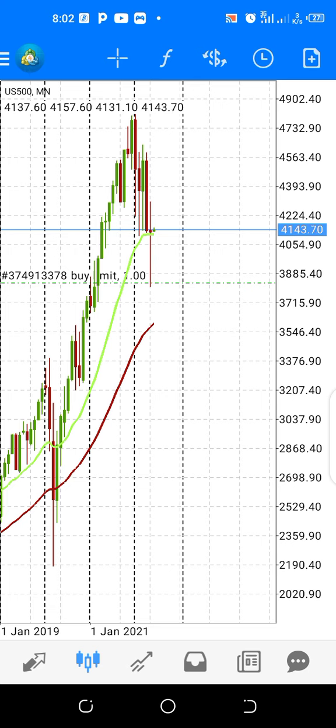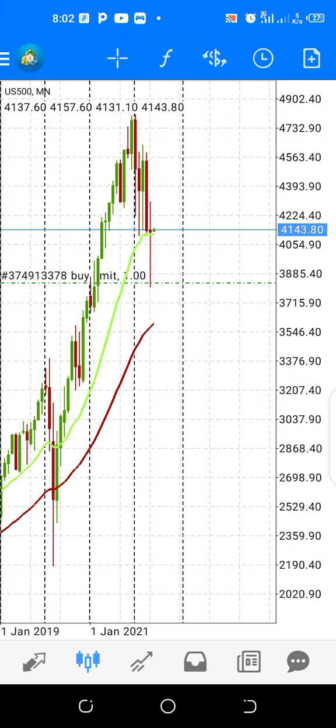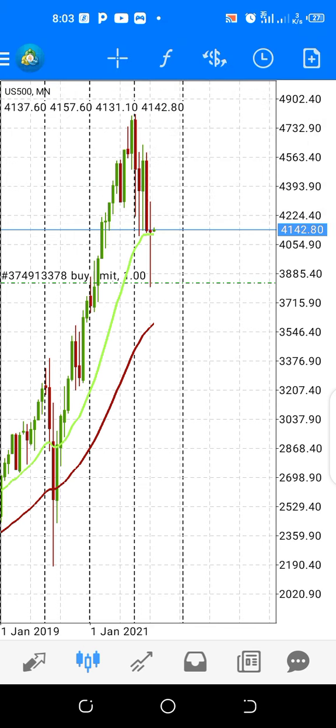But the rejection from buyers is more than the sellers, so there's a very high probability that this trade is going to keep going upward. But I guess it will still retest both sides. So we're still going to wait for a lot of confirmation. If you're a swing trader, you just have to be careful about this trade so you won't get caught up. But you can go to the lower time frame and do your thing, such as the H4 and the H1.